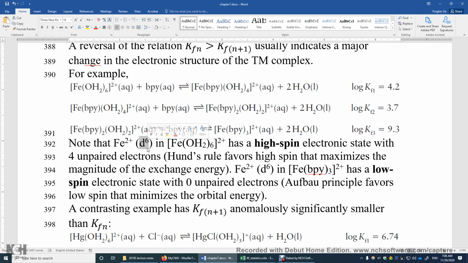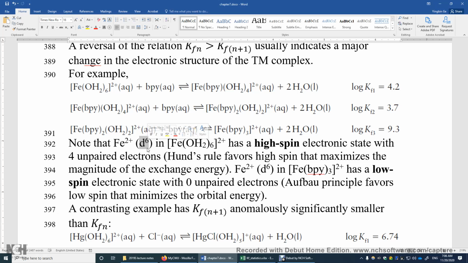Well, this is simply because when 2 electrons have the same spin, they cannot occupy the same spatial orbital. And that will effectively reduce the repulsion between these 2 electrons. So given the same other conditions, the repulsion between 2 alpha electrons is smaller than the repulsion between 1 alpha and 1 beta electron.